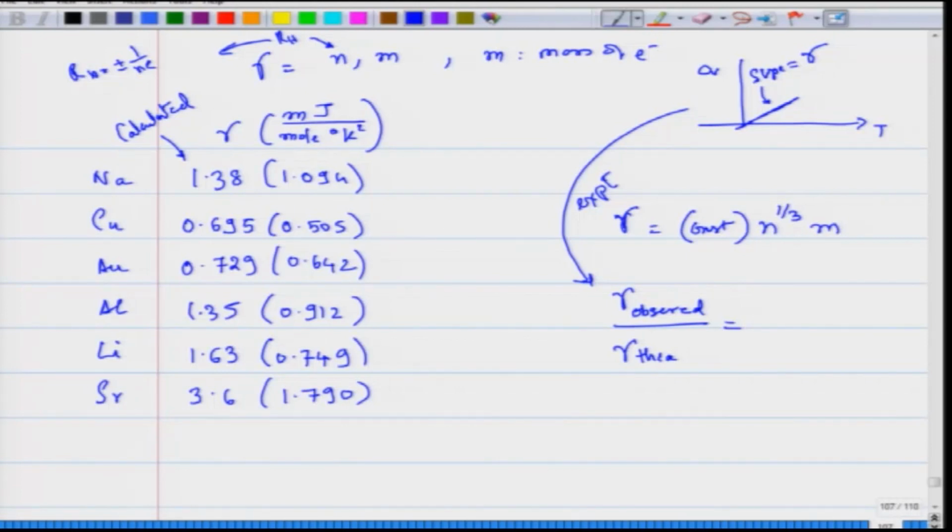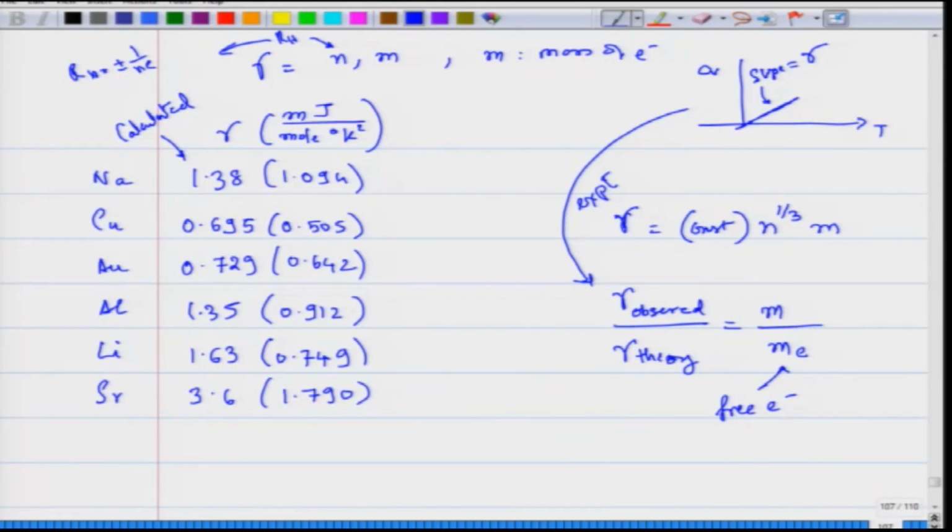The difference between the observed and theoretical value is the mass of the electron which is actually present inside the solid divided by the free electron mass. The mass of an individual electron is me, that is what you are using in theory. Okay. So, the ratio of the observed value to the theoretical value.